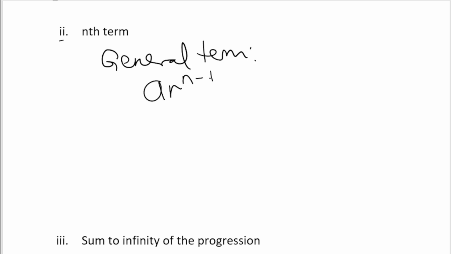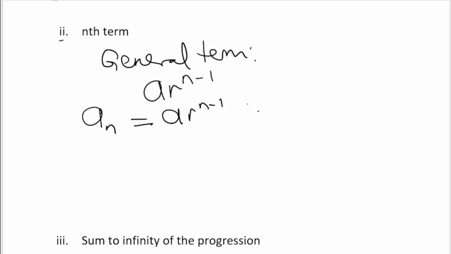Let's look at now the next question. The question says the nth term. So remember that what we call the general term is a r to the power n minus 1. But then we always write it as a_n is equal to a r to the power n minus 1.